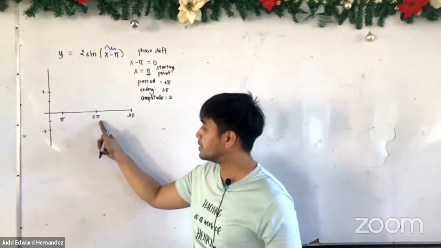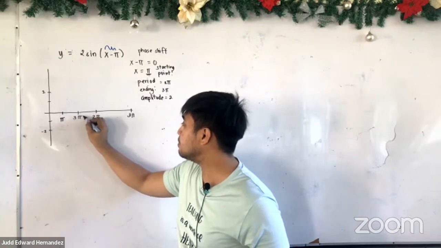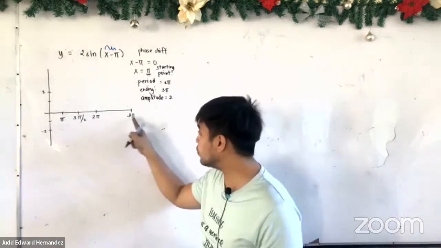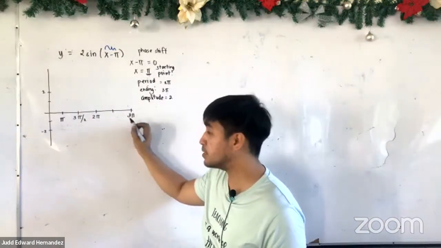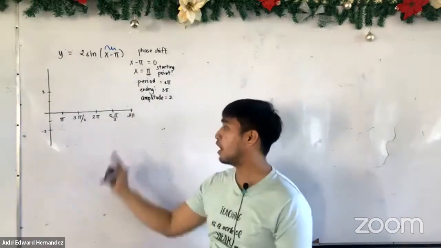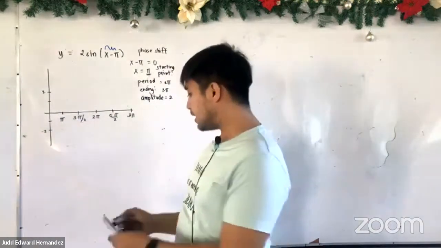Pi plus 2 pi is 3 pi. 3 pi divided by 2. Therefore, this is 3 pi over 2. Are we clear? O paano naman natin makukuha yung nasa gitna nito? In this case, we'll now be having 2 pi plus 3 pi. Therefore, that is 5 pi over 2. Are we clear?